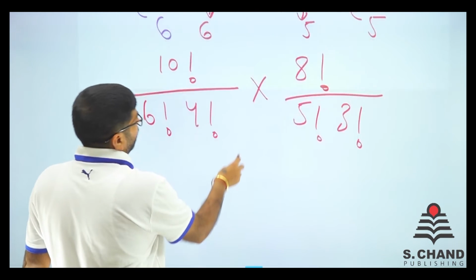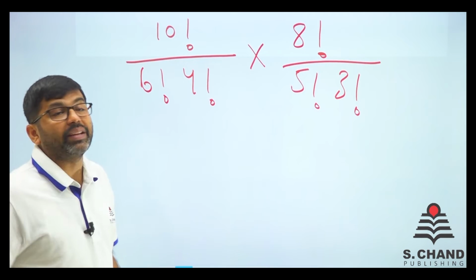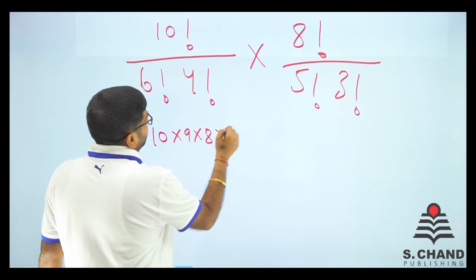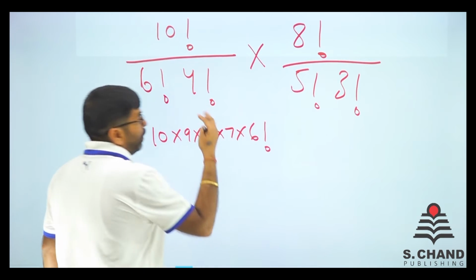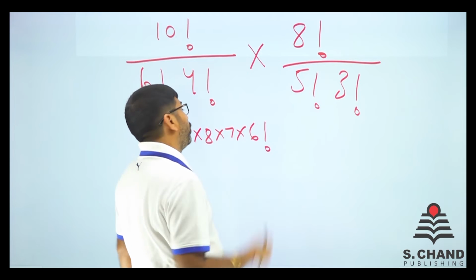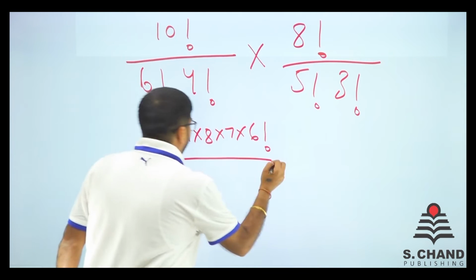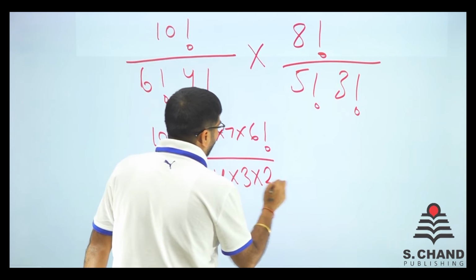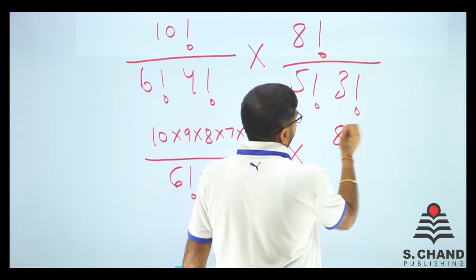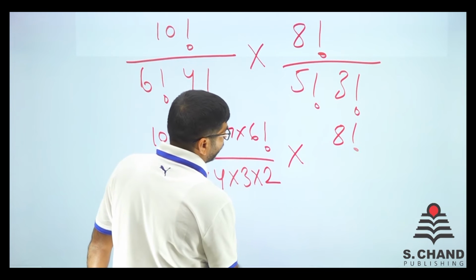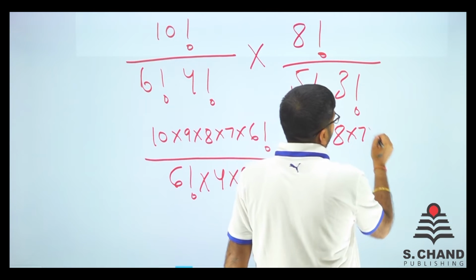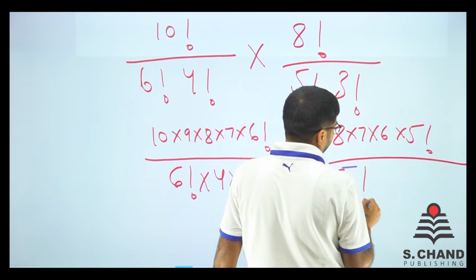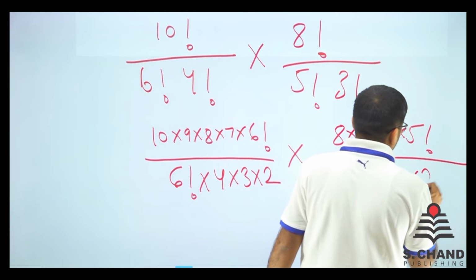So let's see how this can be made simple. 10 factorial is 10 into 9 into 8 into 7 into 6 factorial, because 6 into 5 into 4 into 3 into 2 into 1 can be written as 6 factorial, divided by 6 factorial into 4 into 3 into 2, multiplied by 8 factorial, which is 8 into 7 into 6 into 5 factorial, divided by 5 factorial into 3 into 2 into 1.